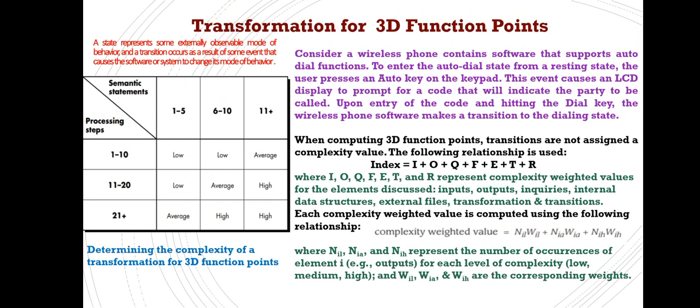Here we are considering the level of complexity as low, medium and high. In the above equation, N_IL, N_IA and N_IH represent the occurrences of element I, such as outputs, for each level of complexity: low, medium, and high. And W_IL, W_IA and W_IH are the weighted values corresponding to those occurrences of element I.